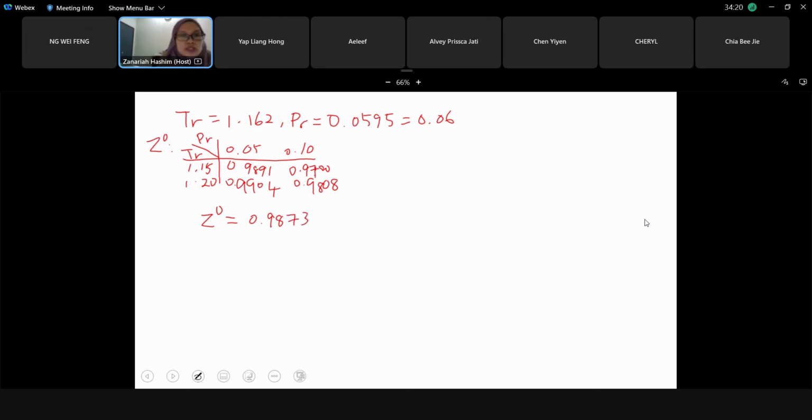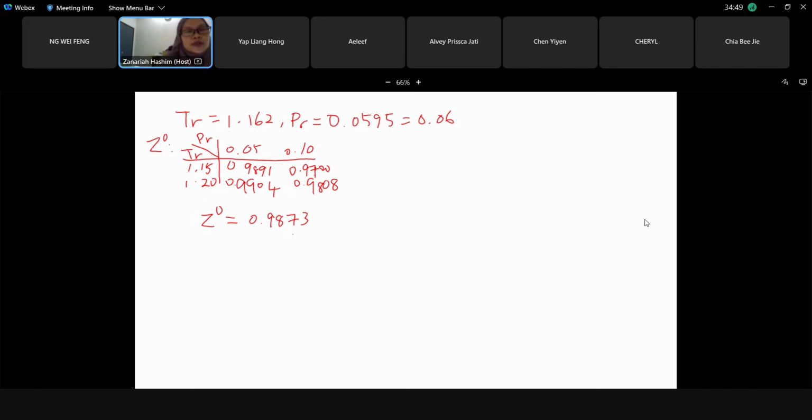Okay, so you check your answer here, it must be somewhere in between lah, dia antara dua ni. Dia tak boleh melebihi. Let's say your upper limit is 0.9904 and your lower limit should be 0.9780. So if you get outside this limit, then you know that your answer is wrong.